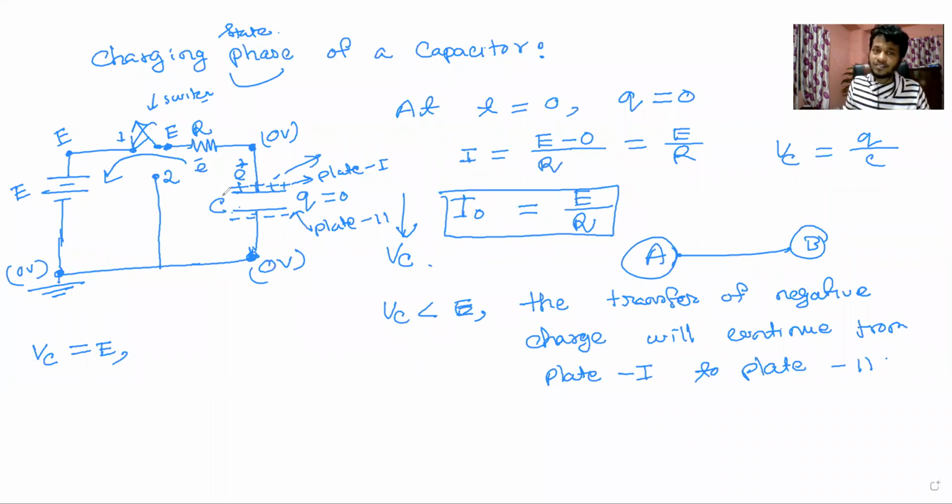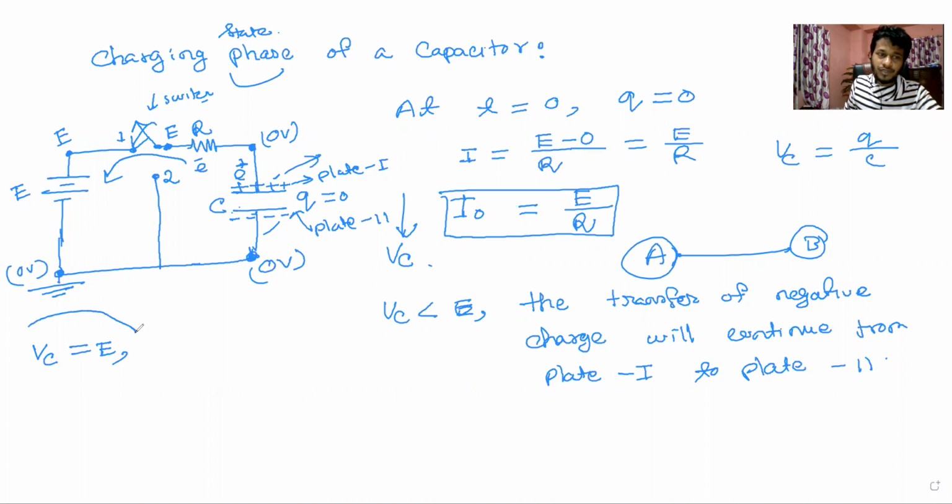But when the voltage across this capacitor equals the voltage of this power supply, there will be no transfer of charge from plate 1 to plate 2. That means there will be no increase in charge, isn't it? Is this clear totally?